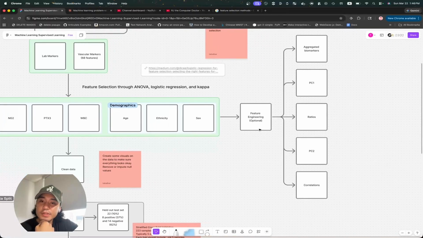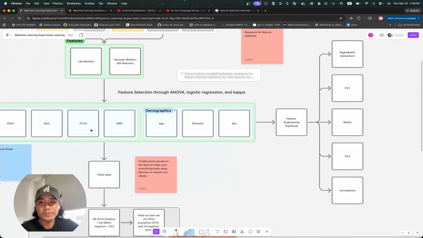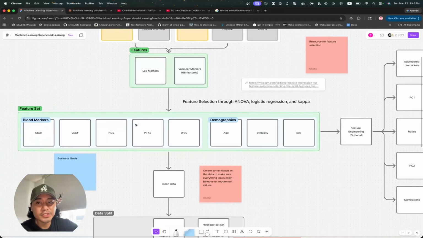And then there's other things that you can do to increase the number of features that you have. This is through a process called feature engineering. And in here, you can do things like analysis. You can include ratios. So if you were to take the ratio of white blood cells and this PTX3 and just include that as another feature of your feature set, you can do that as well.